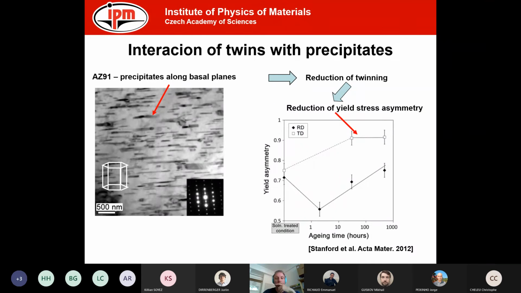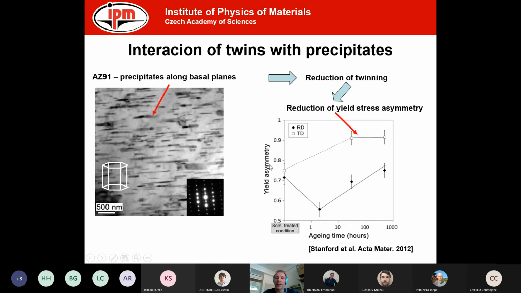So we tried to evaluate this interaction. And what happens when you have precipitates, for example, in AZ91, you reduce twinning, and when you reduce twinning, you can reduce the yield asymmetry of your alloy, which is good for forming.